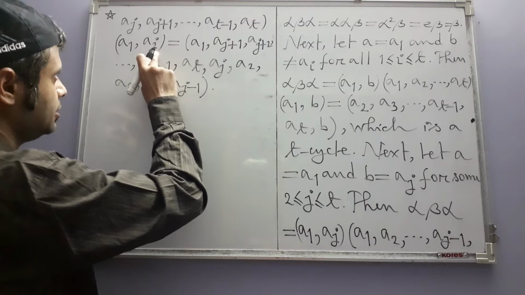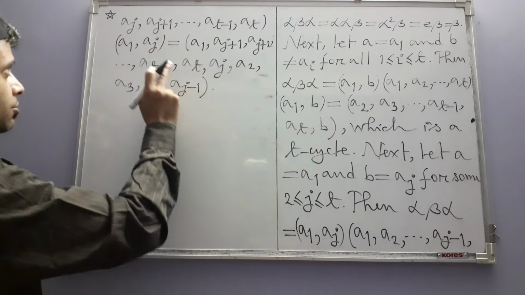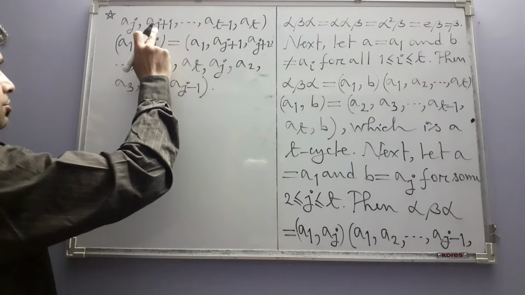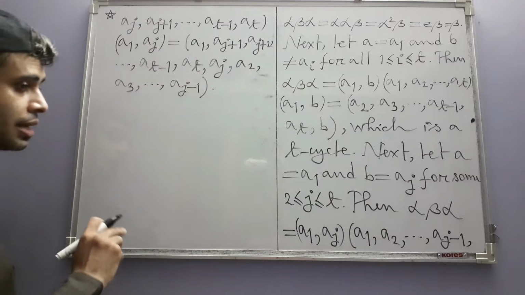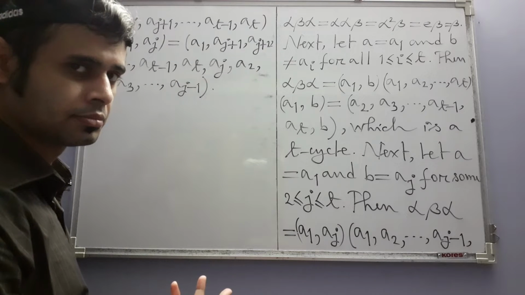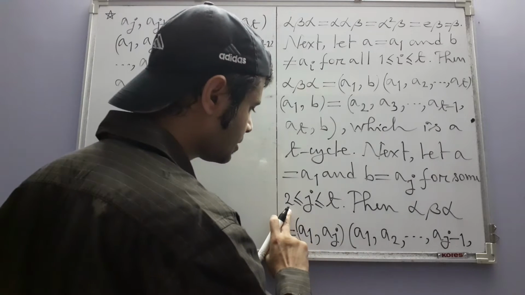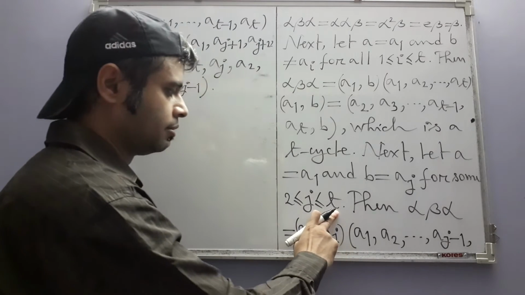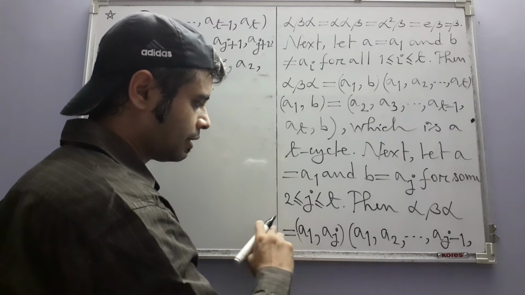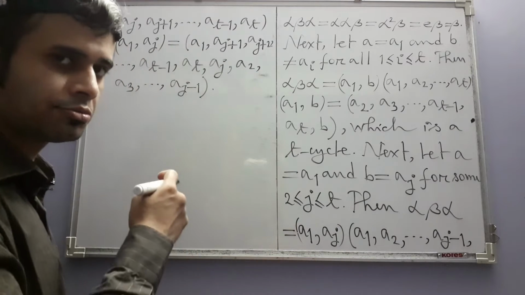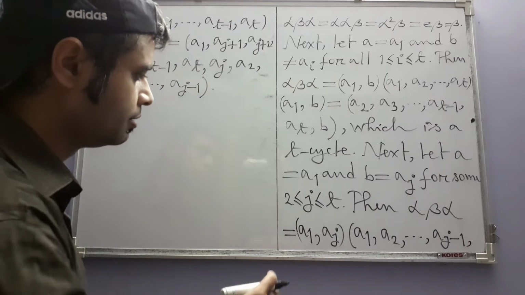You write a_t here, and you will notice that there is no such thing as a_{t+1}, because the symbol only goes that far. In beta, the a_i's go from 1 through t.